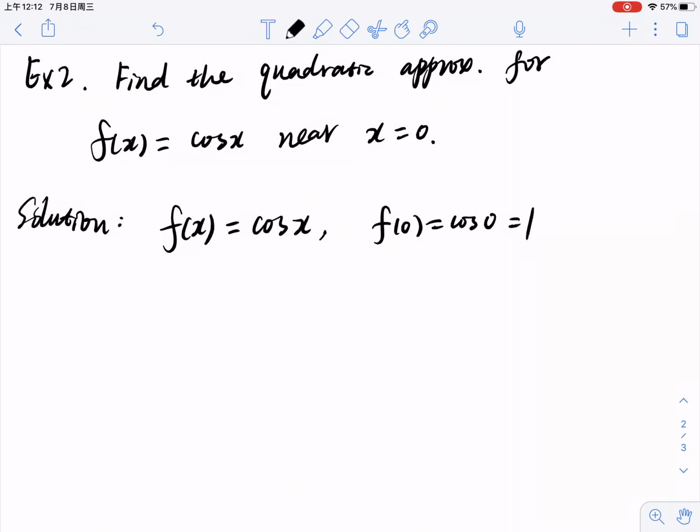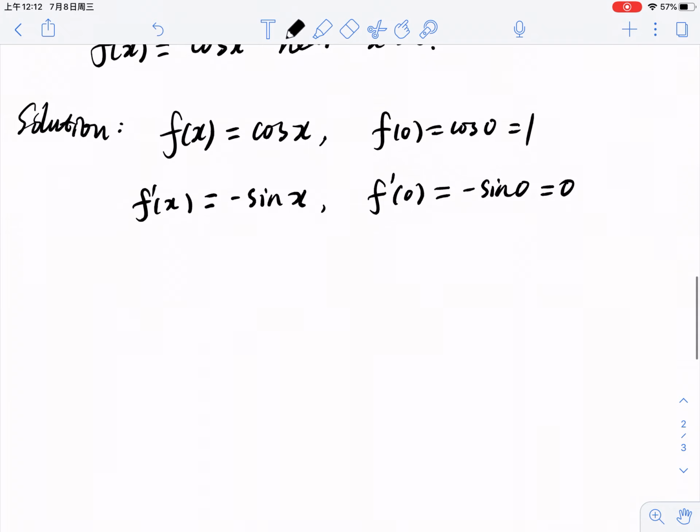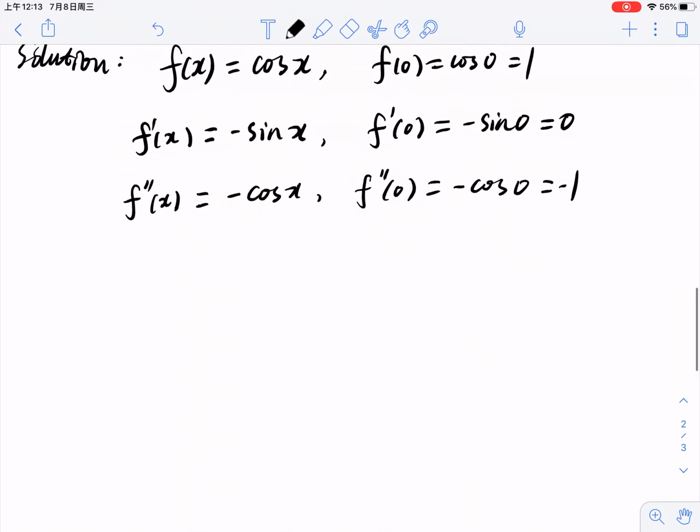This is 1. Now the first derivative is negative sine x. f'(0) is negative sine 0. This is 0. f''(x) is negative cosine x. f''(0) is negative cosine 0. This is negative 1.